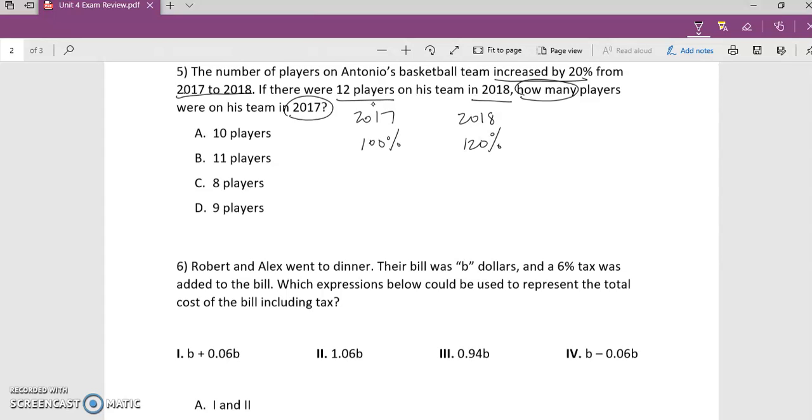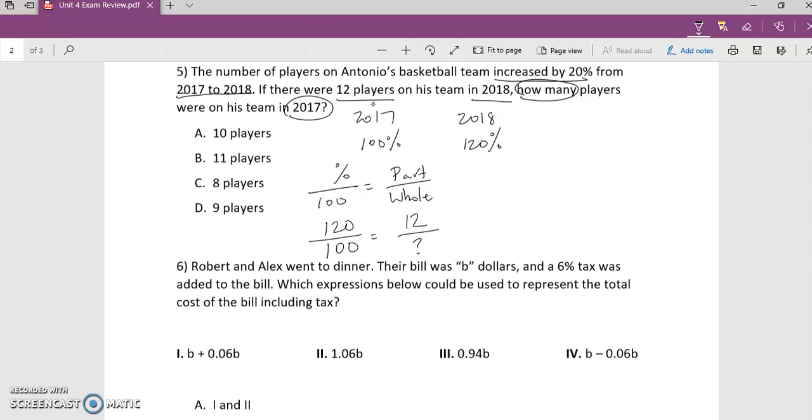So let's go ahead and set up our proportion again. Percent over 100 equals part over whole. The percent was 120 out of 100 equals the part, so 12 players out of the whole, which is the 2017 amount.